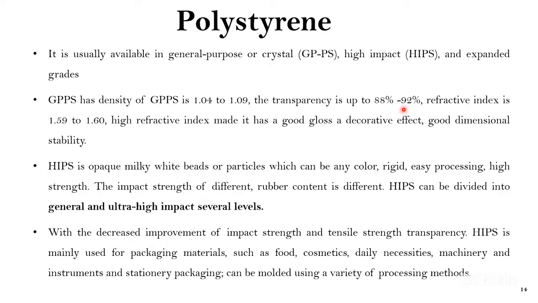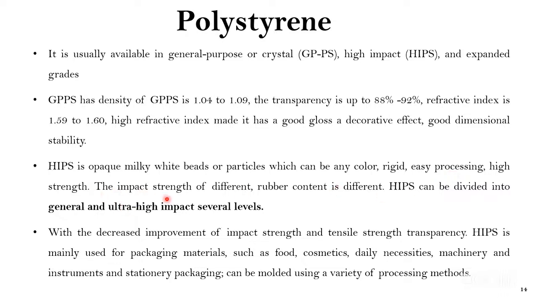Okay, so HIPS is very opaque as there is an increase in crystallinity. And they are very rigid, as the crystallinity increases, you have a very rigid nature. And that is quite easy in processing because polystyrenes are very soft in nature when you provide them temperature, and high strength.